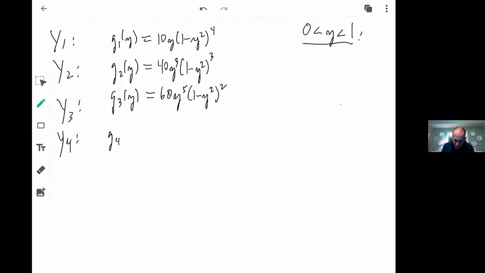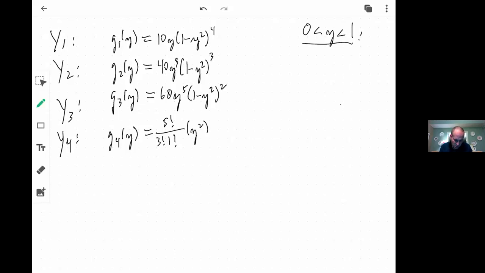So we have g4 of y equals, okay, what's going on here? It's going to be 5 factorial over r minus 1 factorial, which is 3 factorial, n minus r factorial, which is 1 factorial, okay? And it's going to be y squared, right, which is the CDF, y squared raised to the r minus 1, okay?